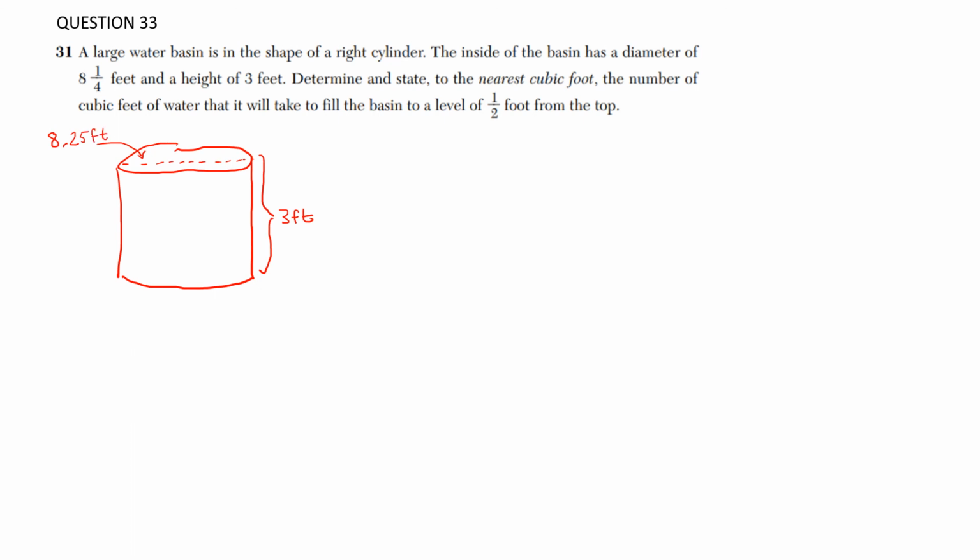Now it's asking us how much water will it take to fill it 1/2 foot from the top. So that would be right here. I'll just draw it here and say that we can do 3 feet minus a 1/2 foot to get 2.5 feet.